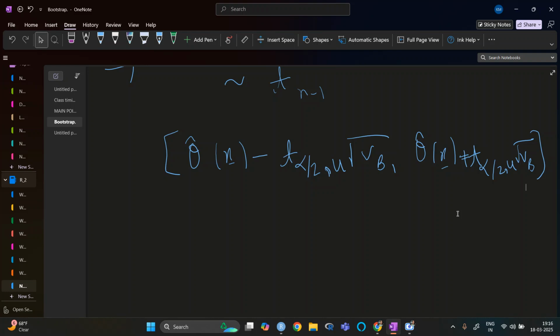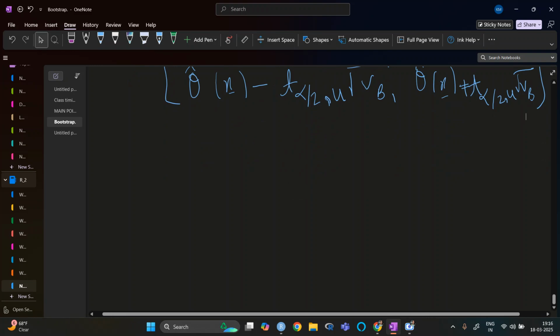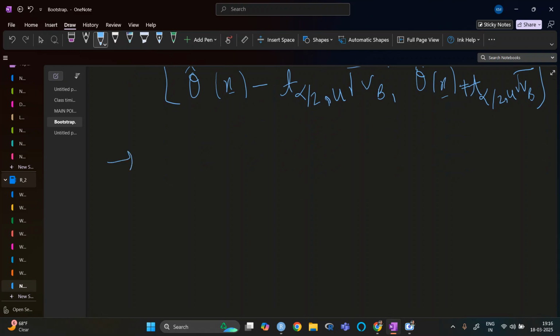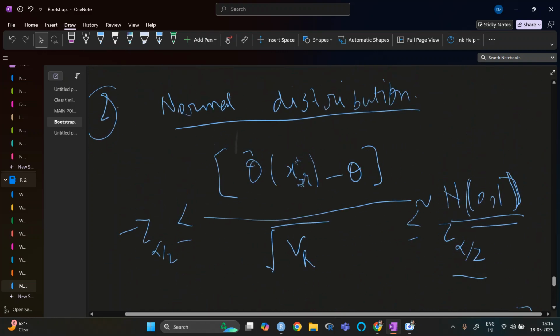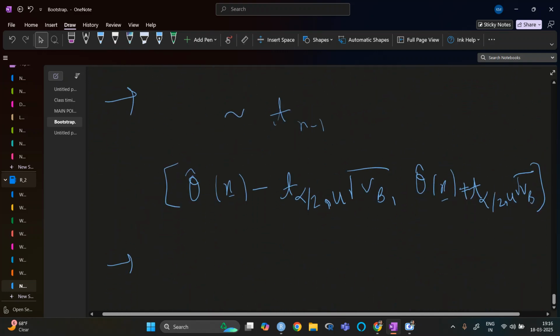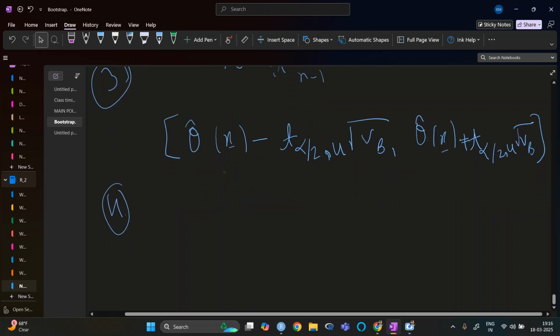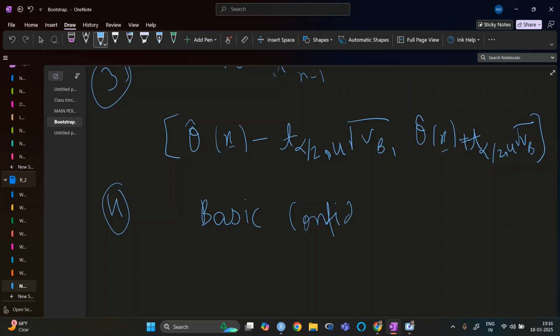The next one, this one is second, this one is third, now fourth. The fourth one is the basic confidence interval.